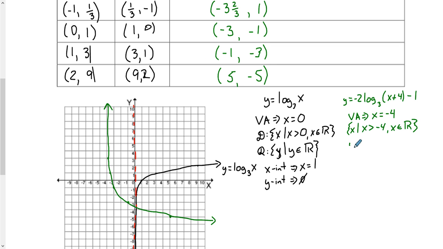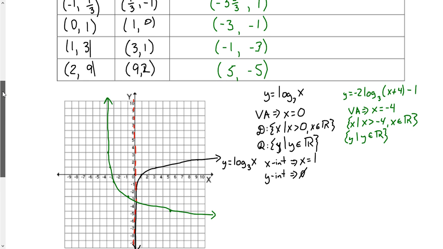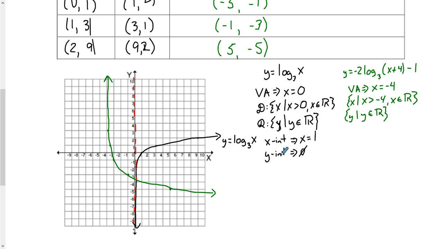Our range, it's still going over all real numbers, but there is definitely a note to make about that. I'm actually going to leave the x-intercept for a second. And actually, our y-intercept, maybe we can do those. I'm just going to make a quick note.